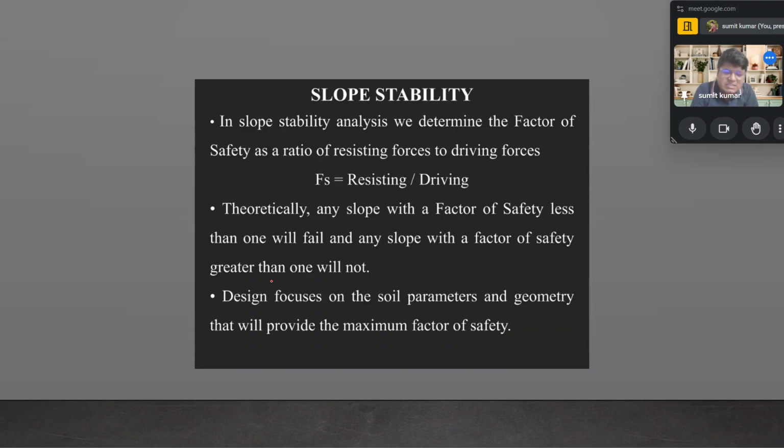Theoretically, we could say that any slope with a factor of safety less than 1 will fail, and any slope with a factor of safety greater than 1 will not fail. This is a very simple understanding: if the resisting force is greater than the driving force, failure could not take place, and if the resisting force is less than the driving force, failure takes place. The statement mentioned here says the same.